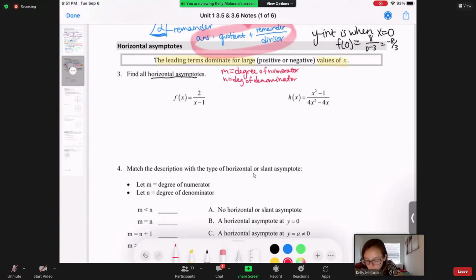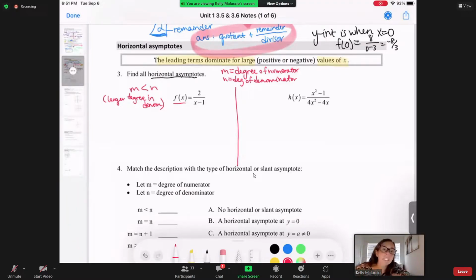So in this case, maybe I should call these two separate problems, right? If we just look at f, here m, in this case, there's no x in the top, so it's 0. So it's less than n because in the denominator it's 1. Here we have a larger degree in the denominator, right? Which we hadn't seen yet.